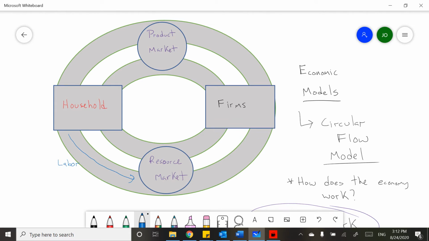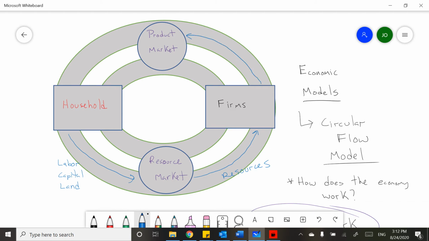But that's not the only thing that I'm going to be providing. I could also provide my capital, right? I could also provide my land, right? These are just a couple interactions that could happen, and they are going to go to the business, right? So, resources. Resources have to go to the business, right?